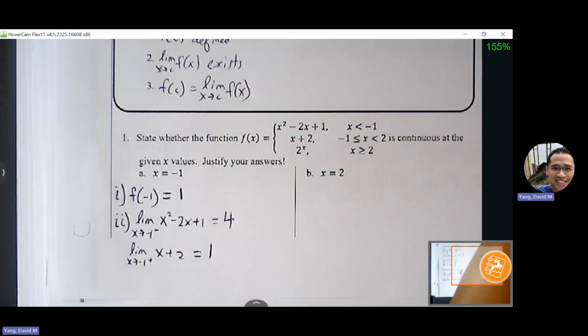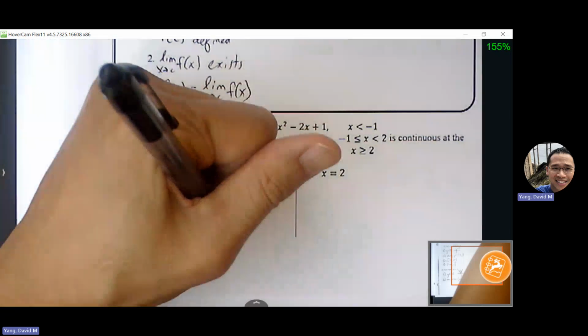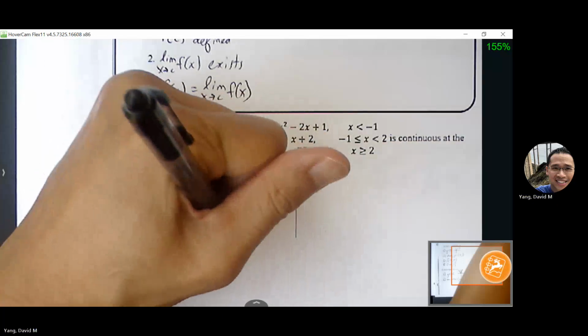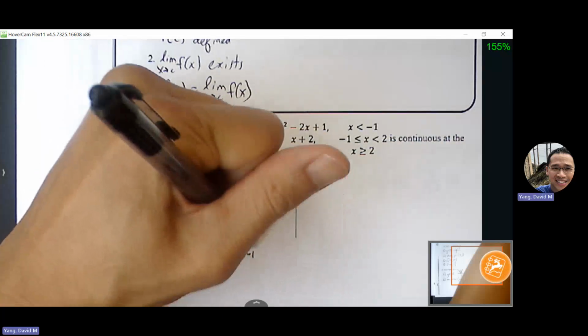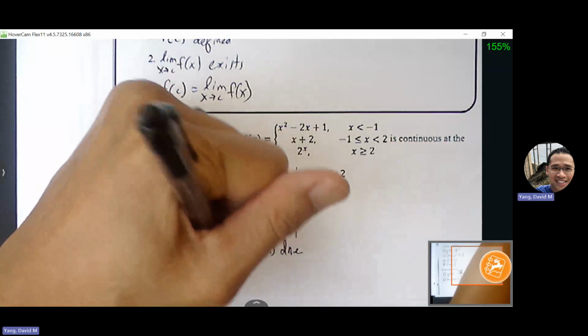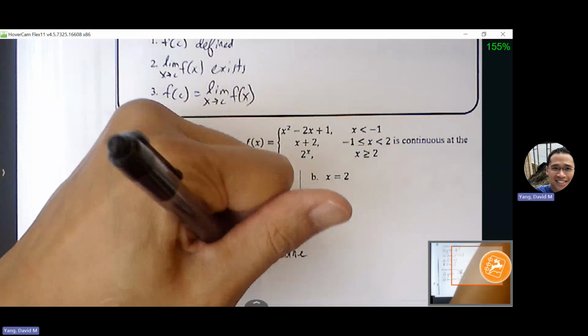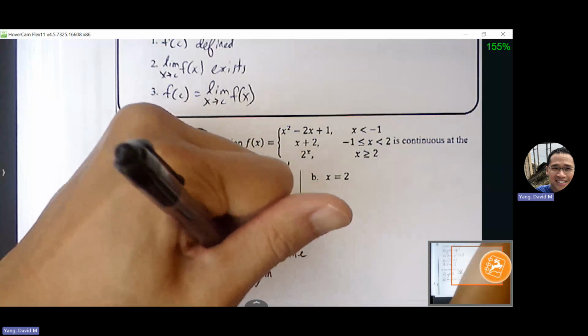So then we know what type of discontinuity it is. We know the function is not continuous. So we can say the limit as x approaches -1 of f of x does not exist because we don't want to say 1 doesn't equal 4. We want to say because the one-sided limits are not in agreement. This is the way that you would write it.